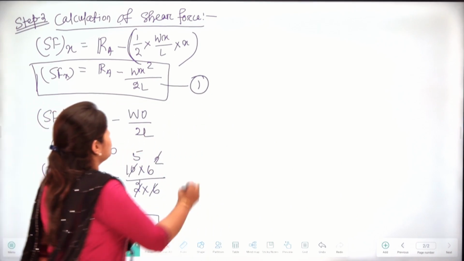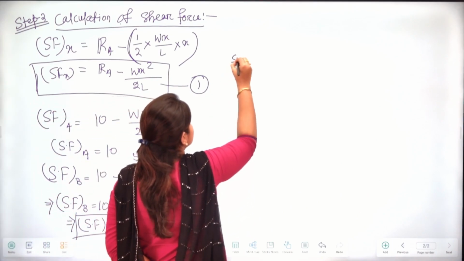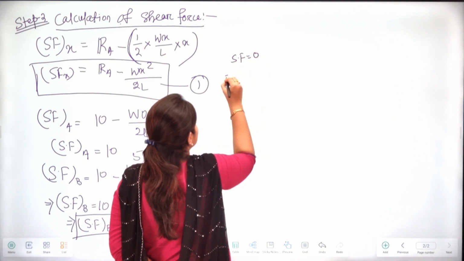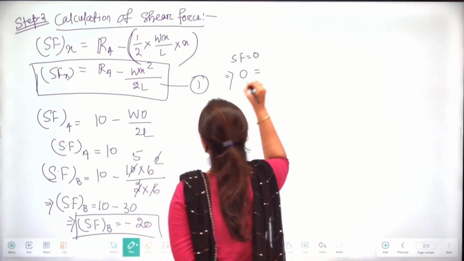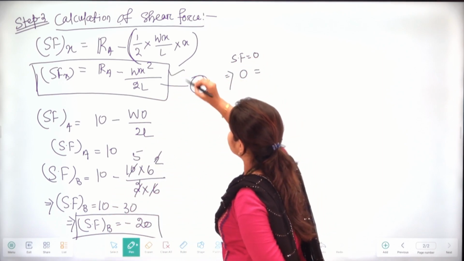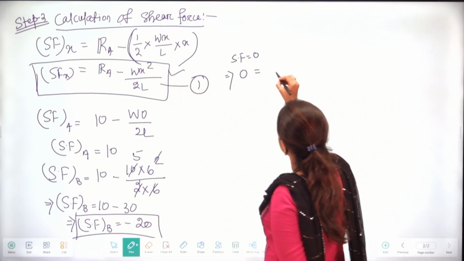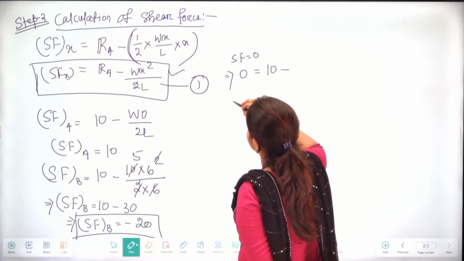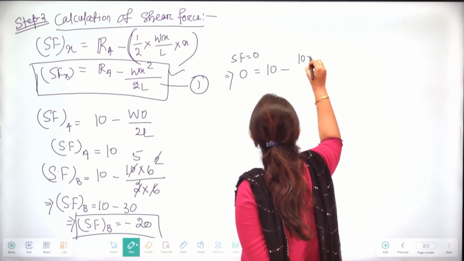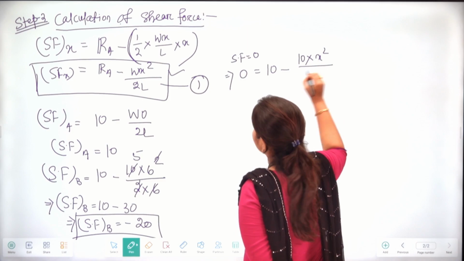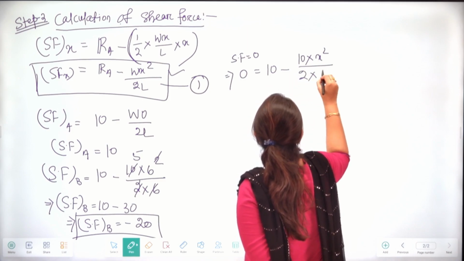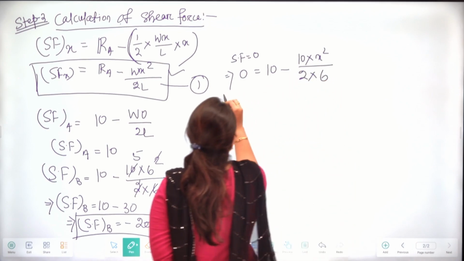Now we have shear force as 0. Putting 0 in this equation and all the values: 0 equals 10 minus 10 x square divided by 2 into 6.